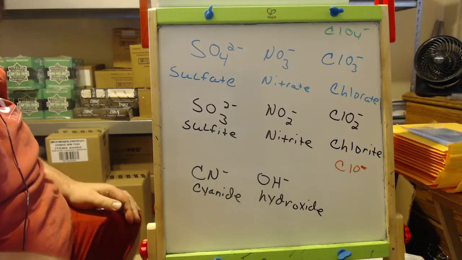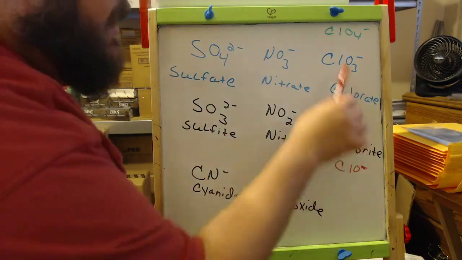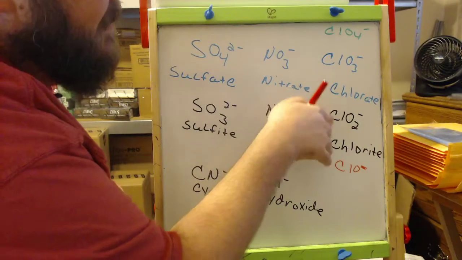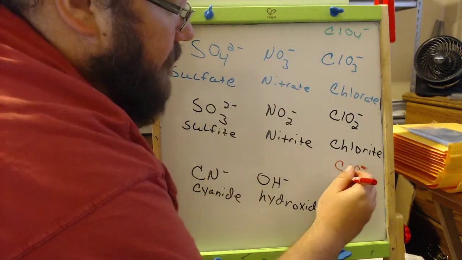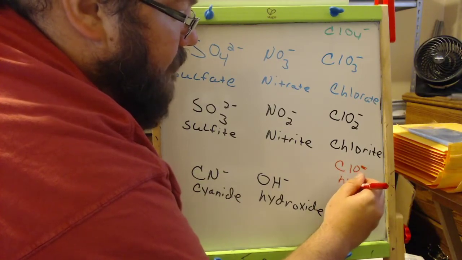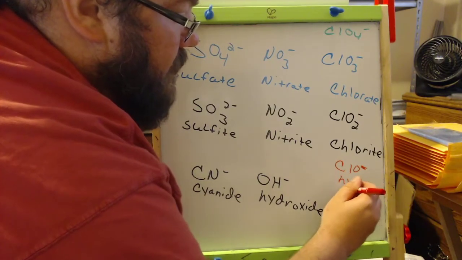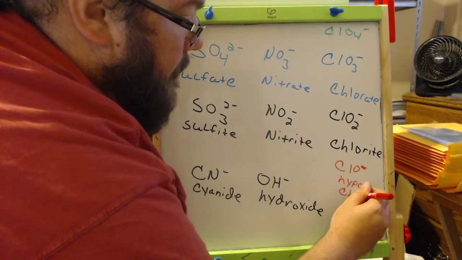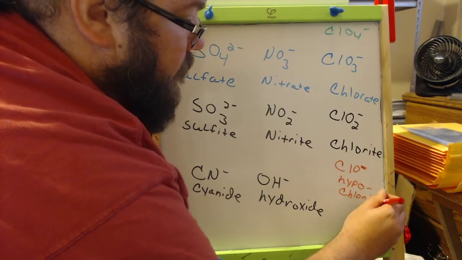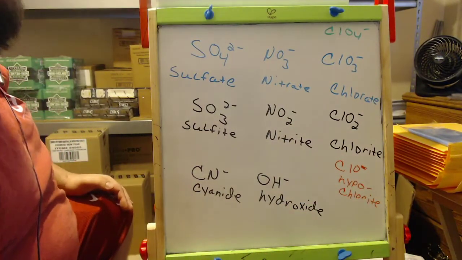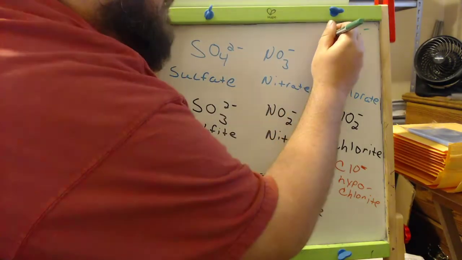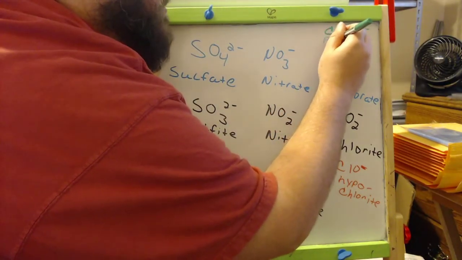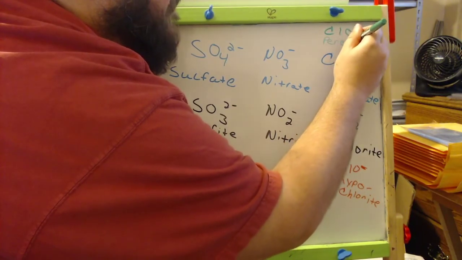If I'm one less than the ite, and this is the best example, there are other examples, this is the one you see the most. If there is less than the ite, we put the word hypo in front of it. So this is hypochlorite. And if I'm one more than the ate, I know you'd want to say, okay, then it's hyper. For whatever reason, they got rid of the hyper and just made it perchlorate.